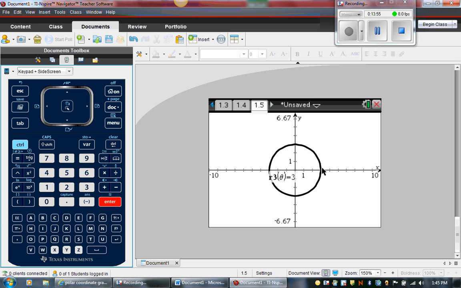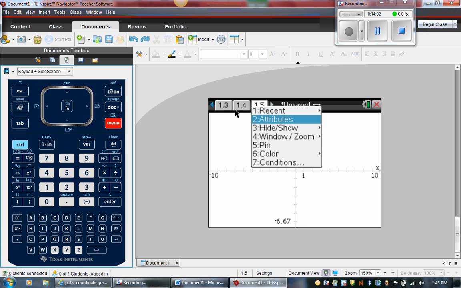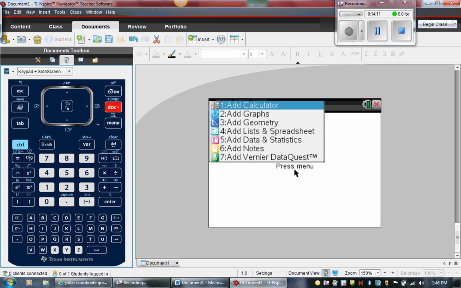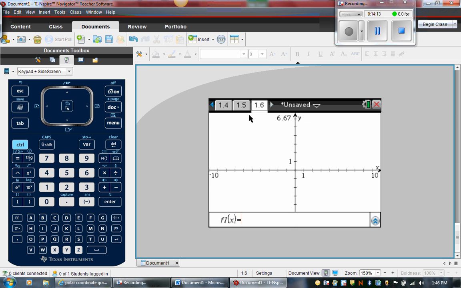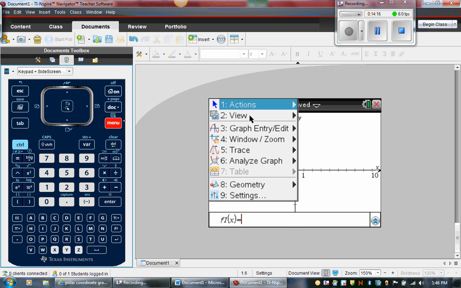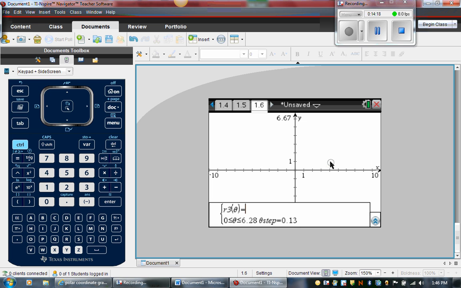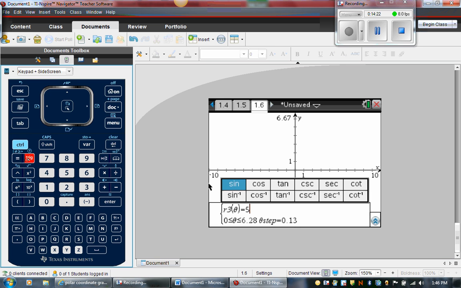Let's take a look at one more here. Another one. Let's take a look at 5 sine of theta.